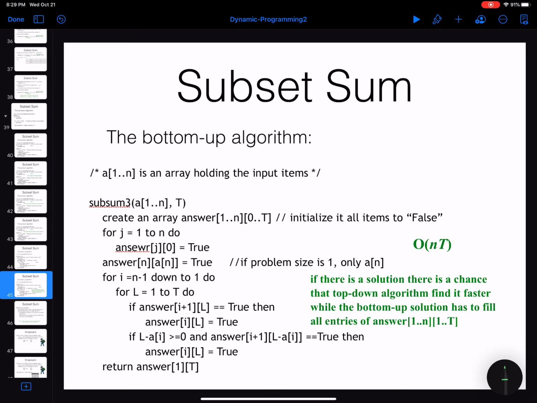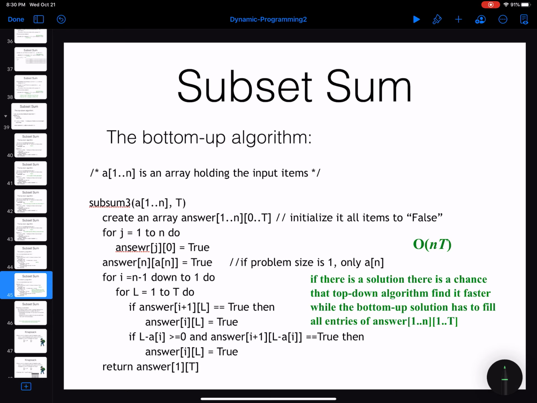So this specific problem, the subset sum problem, is one of those cases where, if you are writing the algorithm, it is better to write it in a top-down way than bottom-up way. Usually when we talk about dynamic programming and any recursive problem, we say that it is better to write it in a bottom-up way because you get rid of all the overhead of recursive calls.